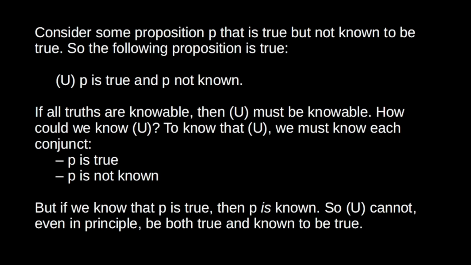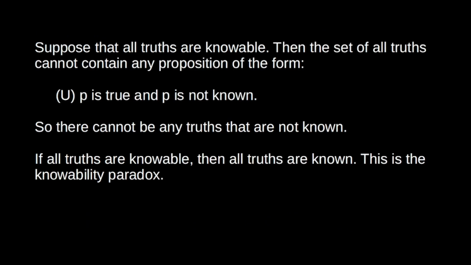So now let's suppose that all truths are knowable, as the moderate anti-realist says. What this means is that the set of truths cannot contain any sentence of the form "P is true and P is not known."